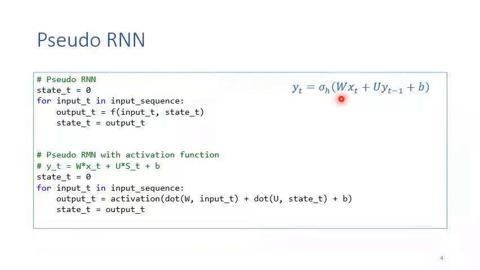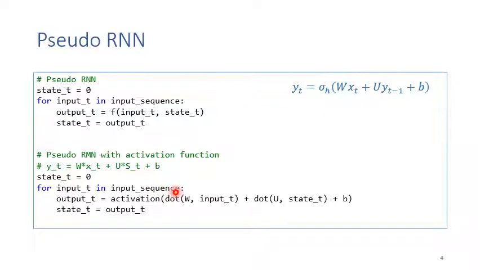So the weight matrix W is for the input xt, and the matrix U is for the previous output yt-1, plus a bias. Then we can pass through an activation function and calculate the new output. Okay, so here is the second version of our Pseudo RNN.